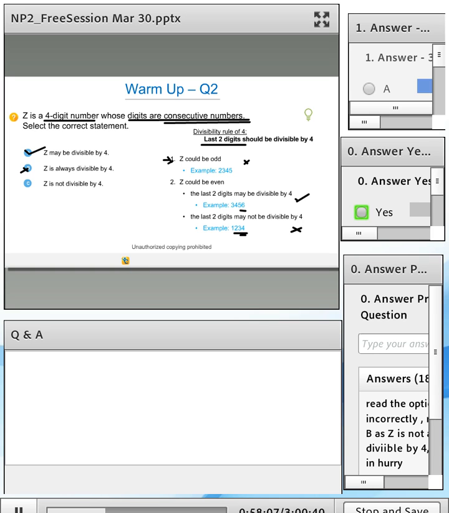Now I do see there's one student who's mentioned that multiples of 100 are always divisible by 4. If ABCD is a 4-digit number, 2B plus C should be divisible by 4. Well, not 2B plus C, because B is your third digit. So again, it's up to you. Once you tweak your method a little bit, you can apply that as well.